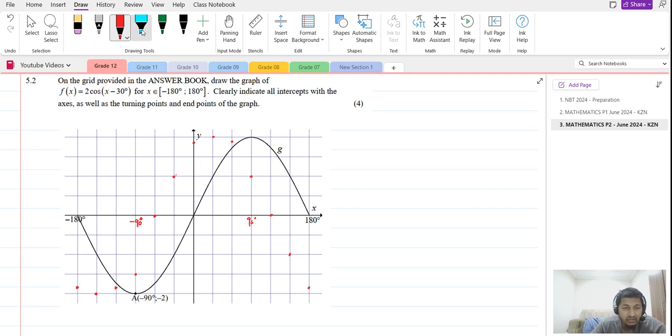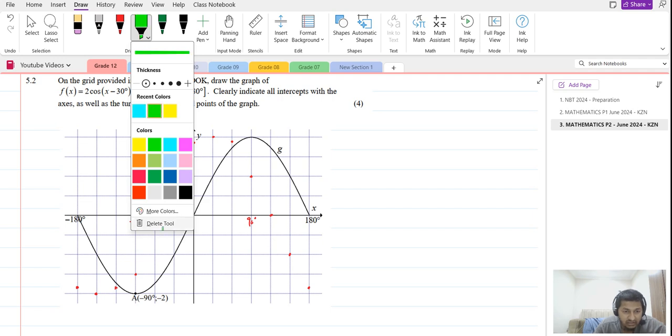Let's try to get a nice sketch. I'll sketch it with my highlighter.